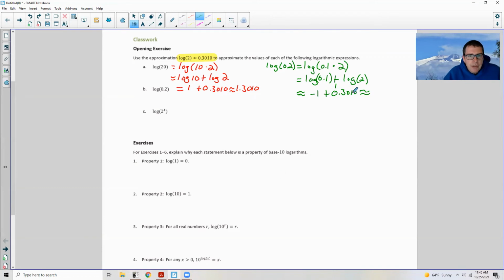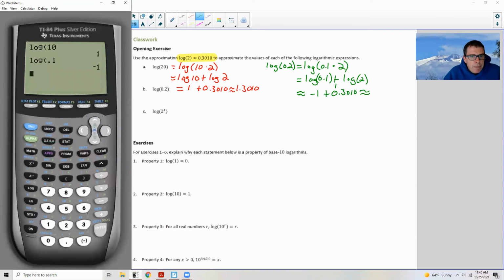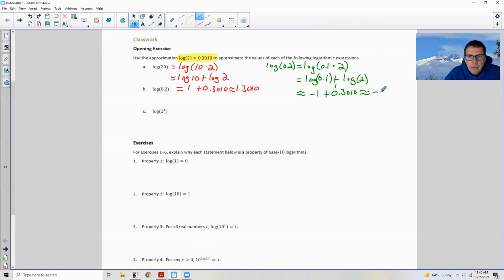So taking 0.3010 and subtracting 1, we're going to get a negative number, and plus 0.3010 will become -0.6990. If I added these two numbers, not looking at this negative sign, I would get 1.